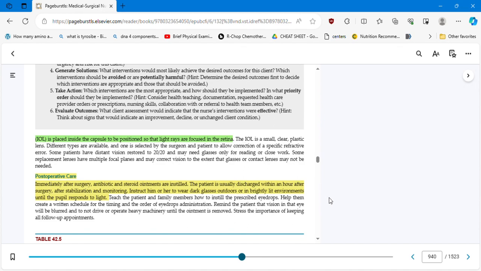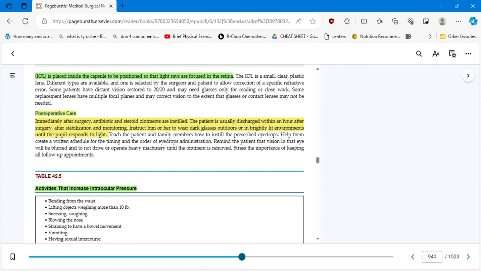Okay, post-operative care. Immediately after surgery, antibiotic and steroid ointments are instilled. The patient is usually discharged within an hour after surgery, after stabilization and monitoring. Instruct the patient to wear dark glasses because we don't want the light to affect the prognosis of the surgery, or in brightly lit environments until the pupil responds to light.